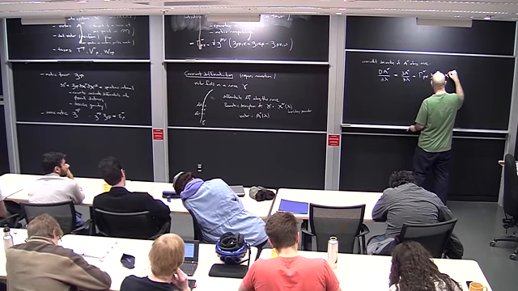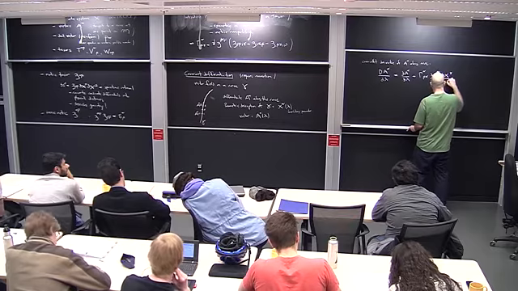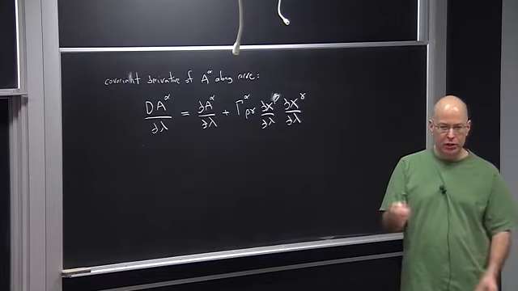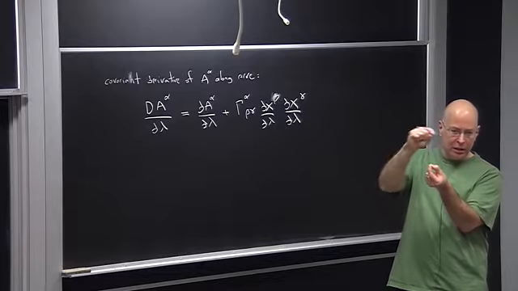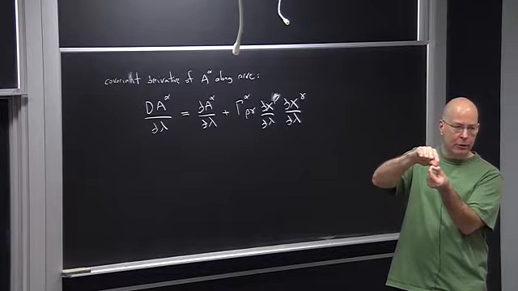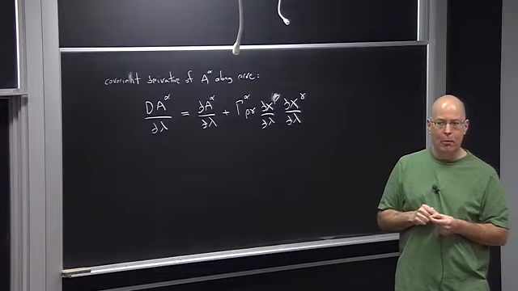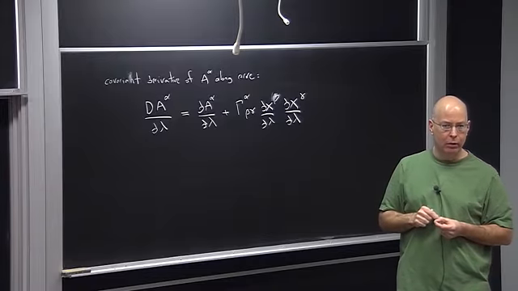to combine vectors at different points by doing what I said before, which is to invent a rule to carry the vector at d lambda, carry it to lambda equals 1, and then compare it with the vector already there, right?